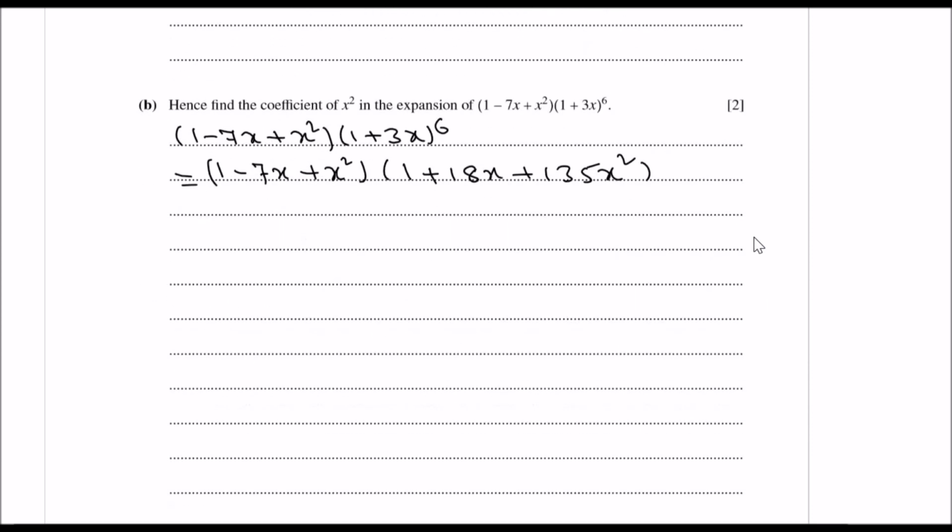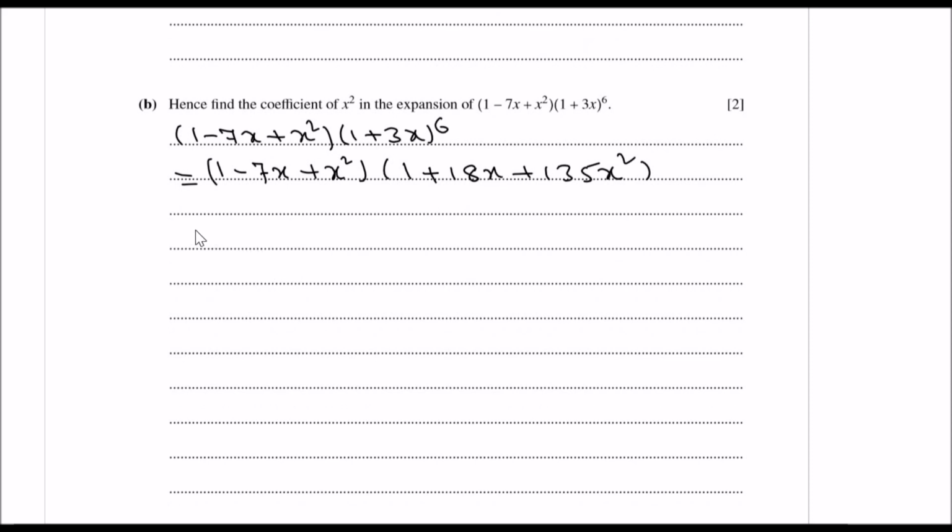So we wrote this. Now we have to see which term of the first bracket will be multiplied with the term in the second bracket to give a term with x square. So as you can see here, the first term is 1 multiplied with 135x square, we get a term with x square, right?